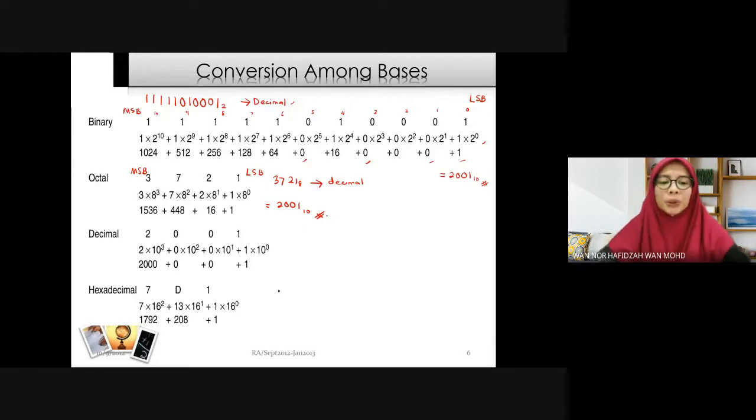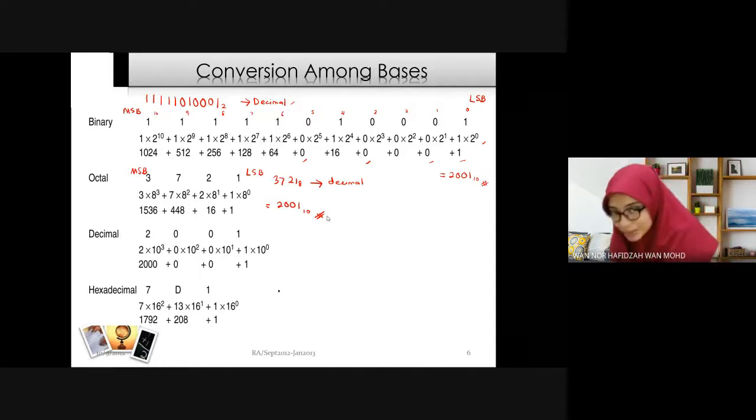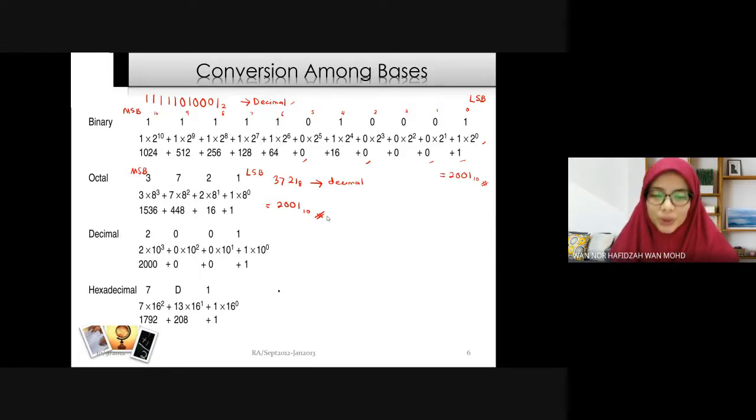From decimal to decimal pun boleh ke? So basically dia nak tunjukkan cara how to convert. So same goes to from decimal to decimal. It is actually times the base, which is 10. So the same method, we start from LSB to MSB, from 10 power of 0 until 10 power of 3.